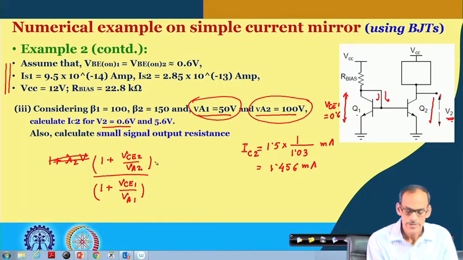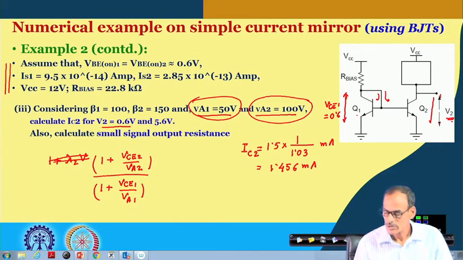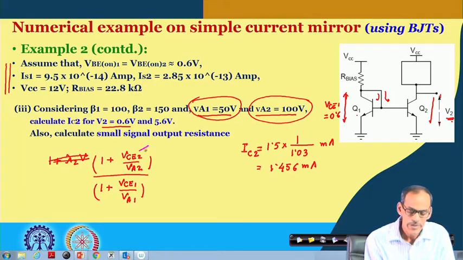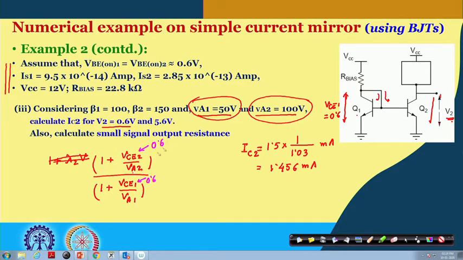And for this case, both this part is 0.6 and also this part is 0.6. However, this early voltage we are keeping the same.